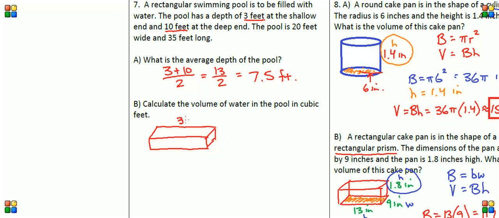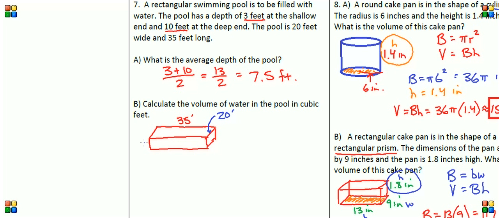Let's label this side 35 feet. I'm going to change color so you can see this. Let's do the width here. Sorry, it's 20 feet wide, not 25. So here is our width. I'll put an arrow right there. That's 20 feet.